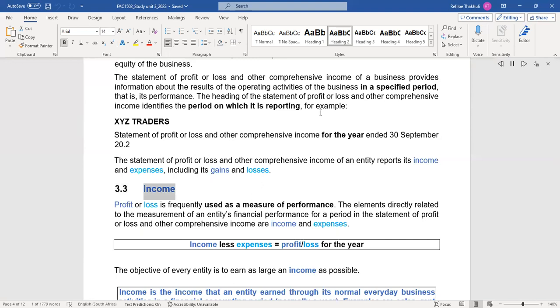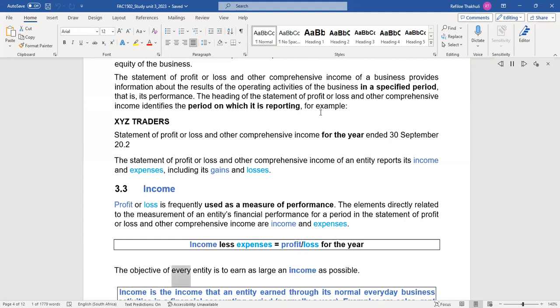3.3 Income. Profit or loss is frequently used as a measure of performance. The elements directly related to the measurement of an entity's financial performance for a period in the statement of profit or loss and other comprehensive income are income and expenses. Income less expenses equals profit/loss for the year.